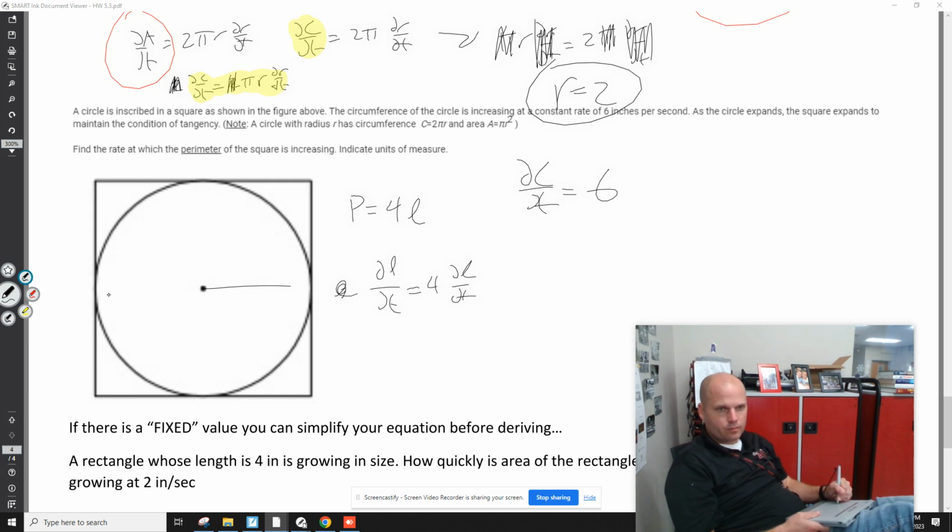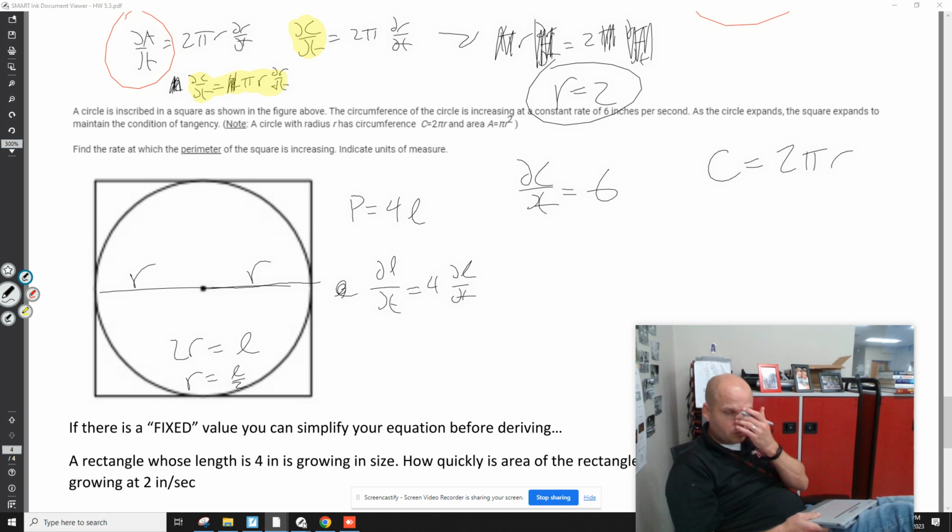What's L? What's dL/dt? Well, this is my radius, right? But 2 of my radiuses, which equals my diameter, is equal to my length, which means a radius is my length divided by 2. So if I have my circumference, the change in my circumference is 2.